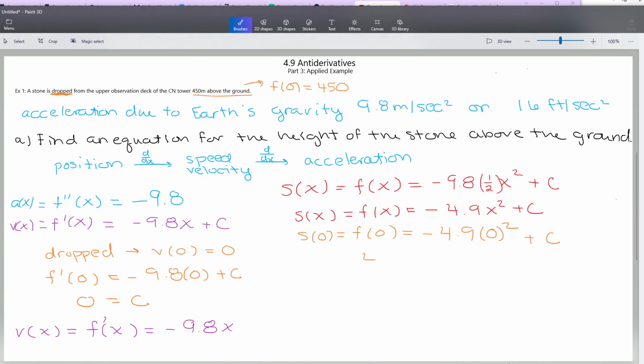So I get f of 0 equals c, or 450 equals c. So my final function that tells me the position, f of x, is minus 4.9x squared plus 450.